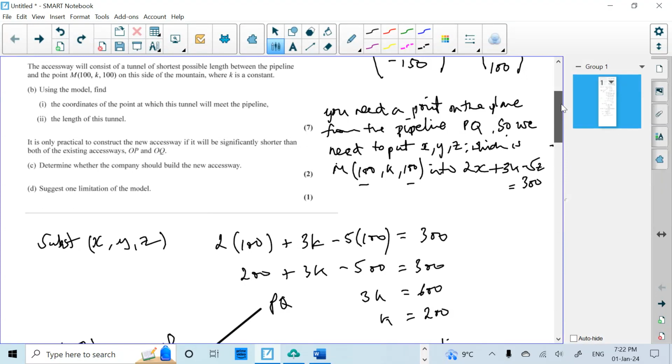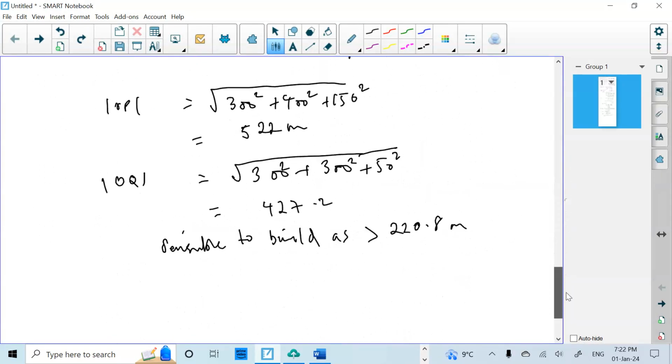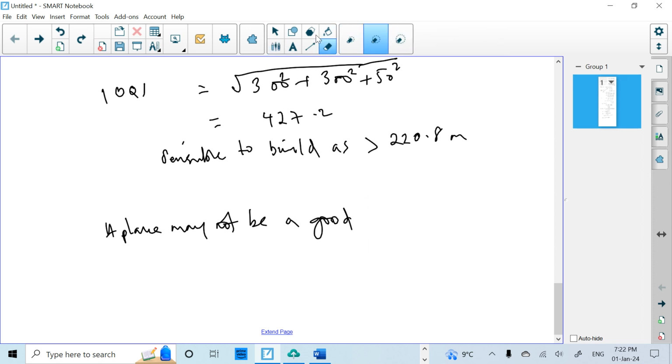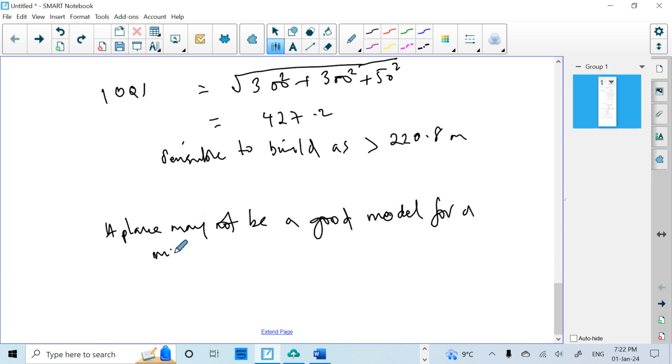Just one limitation for the model: a mountain is not flat, so a plane may not be a good model for a mountain. For 1 mark, that's enough. And sorry to take so long.